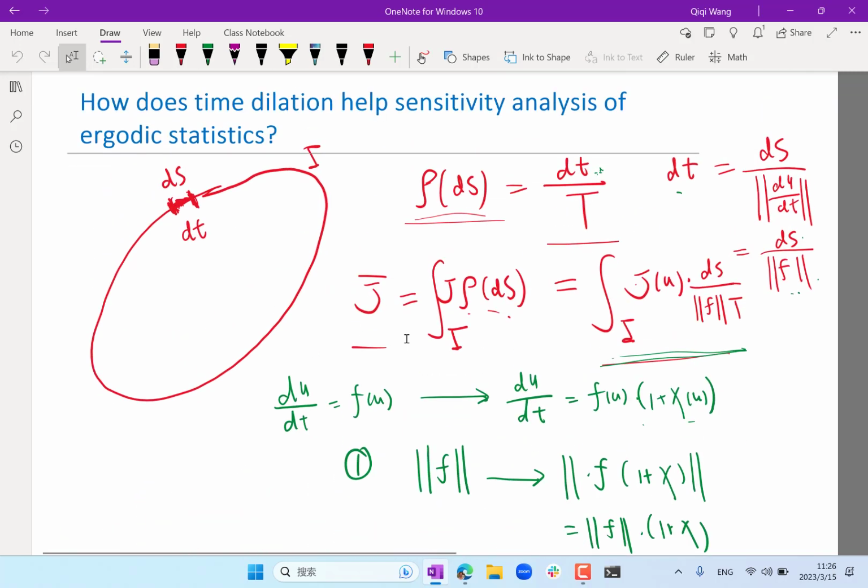So Monday, we derived the effect of the time dilation term by going back and forth between the time domain and the phase space, right?